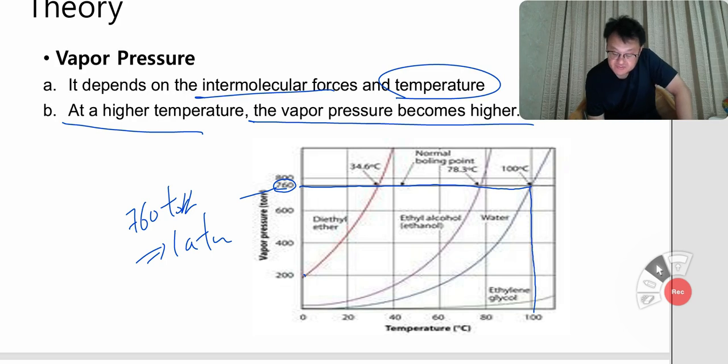So this is 100 degrees Celsius, and this is the vapor pressure plot of water. When water reaches 100 degrees Celsius, the vapor pressure becomes 1 atm.